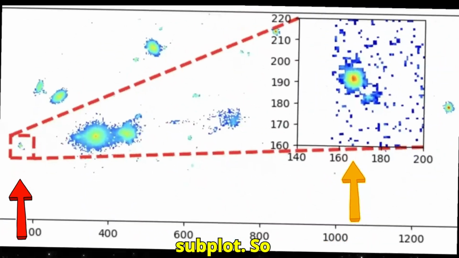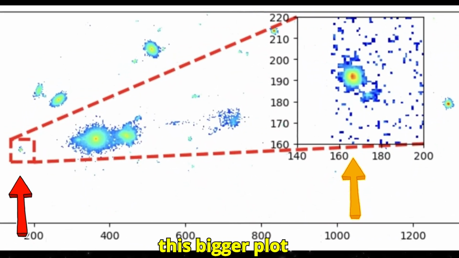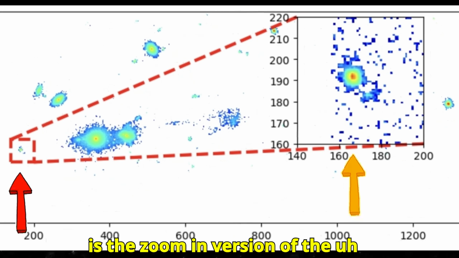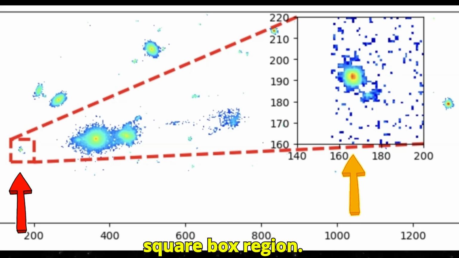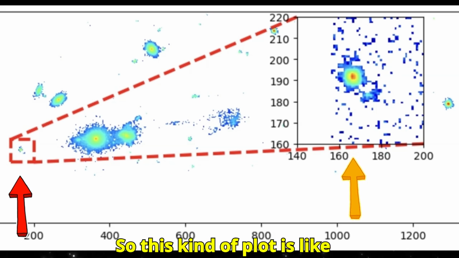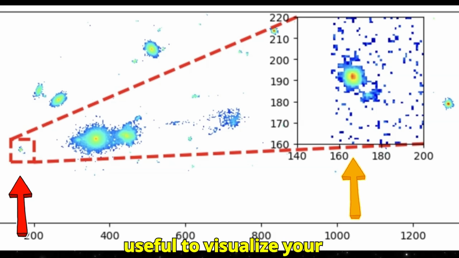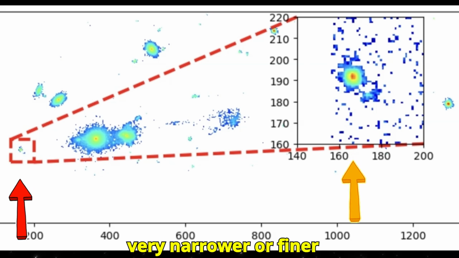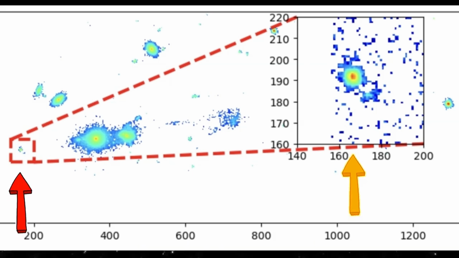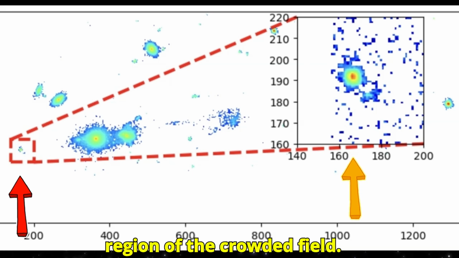So this bigger plot is the zoom-in version of the square box region. This kind of plot is useful to visualize your data or image in a very narrow or fine region of the crowded field.